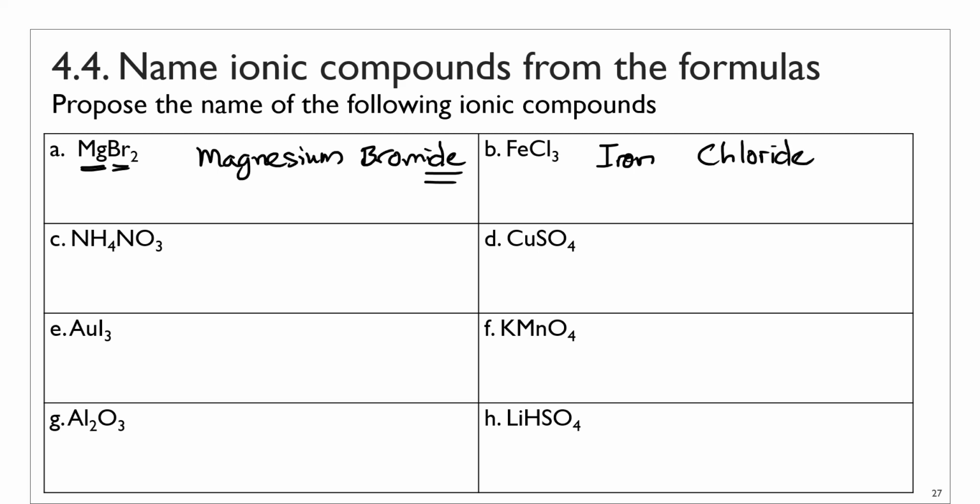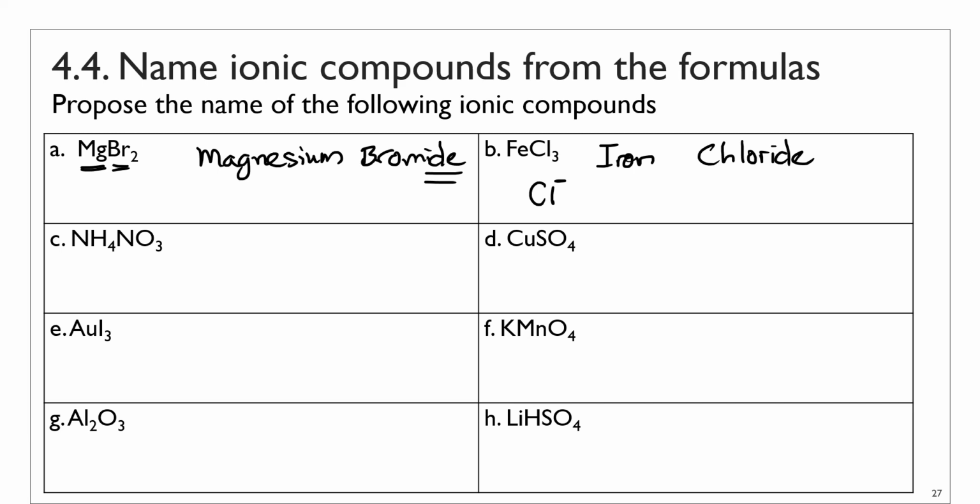Now, you kind of need to do some work here because hopefully you can tell that this is a transition metal. So I have to indicate the charge of the ion. And how would you know what the charge is? This requires a little bit of working backwards. The other ion is chloride, and chloride is in group 17 of the periodic table, which means that chloride is going to form a Cl minus ion because it is going to gain an extra electron to get a full shell.